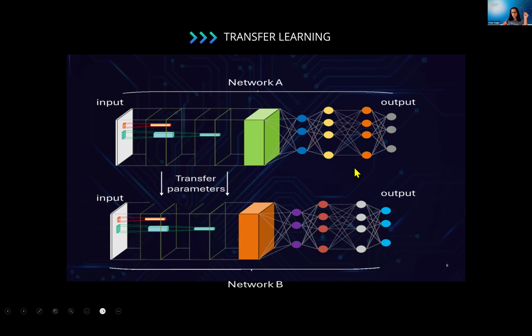I am able to train a network, or take someone else's network, for example, and then use part of the network as my skeleton for feature extraction. So these guys, the orange and the green boxes, we call them the feature space, or embedding space.